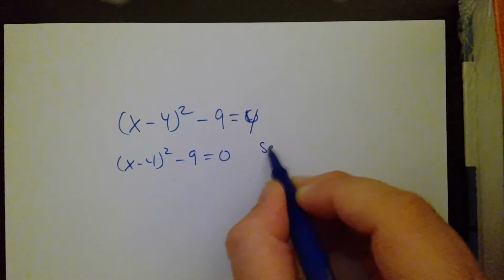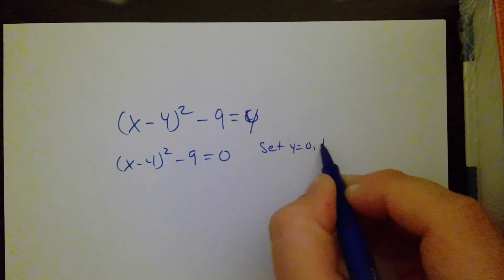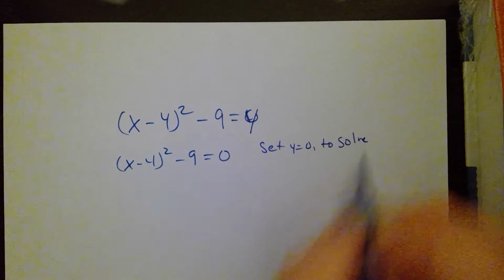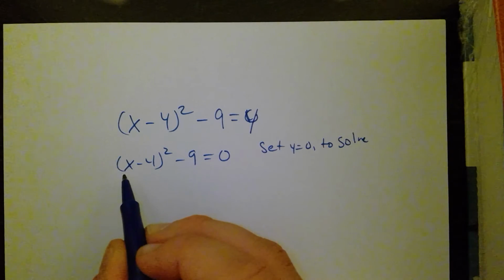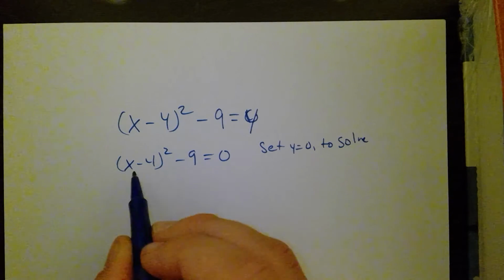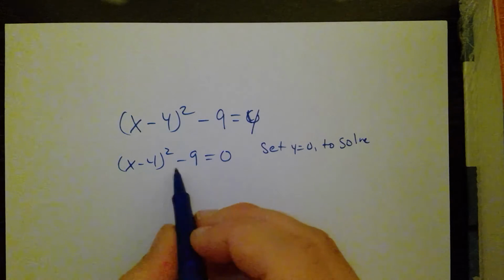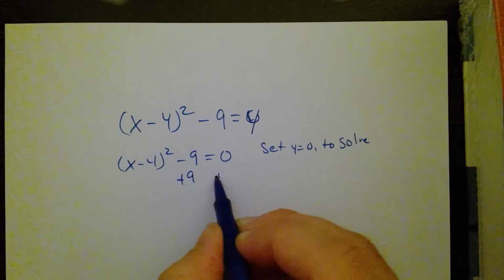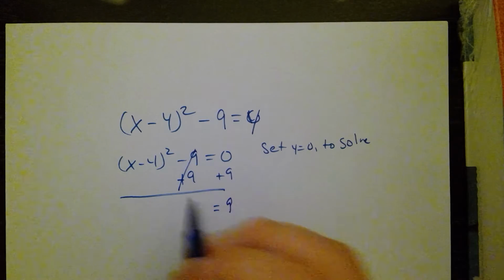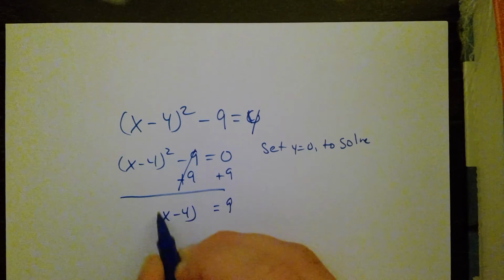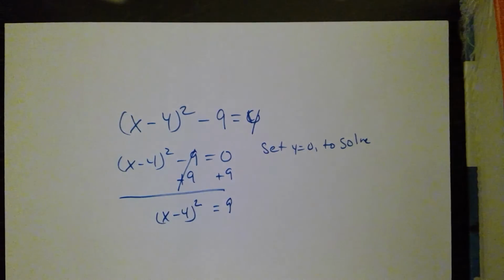Set y equal to 0 to solve. Now, we need to get x by itself. So we're not going to mess with this yet. We have to move our 9, so let's move our 9 using opposite operations. So we have 9 on the right equals x minus 4 squared.